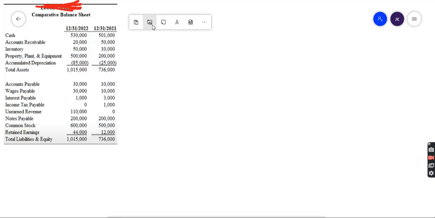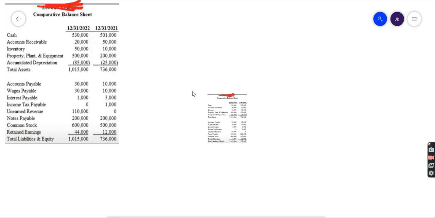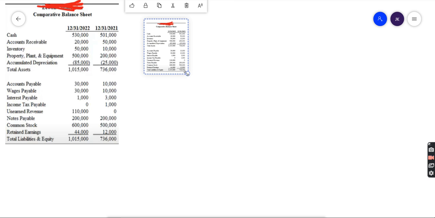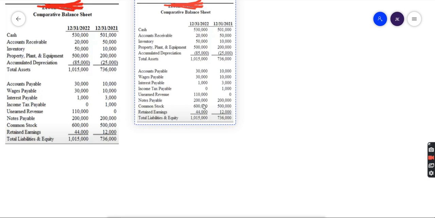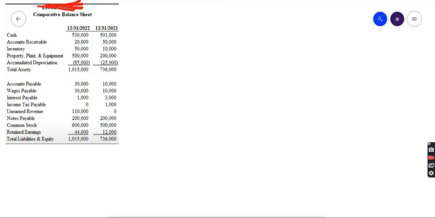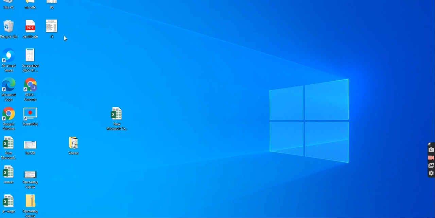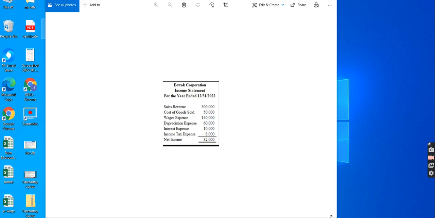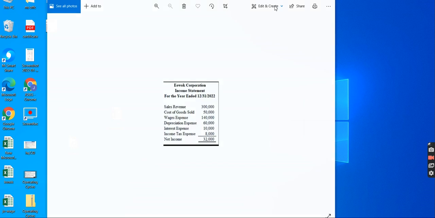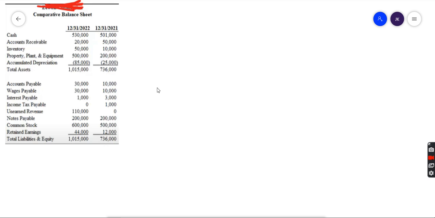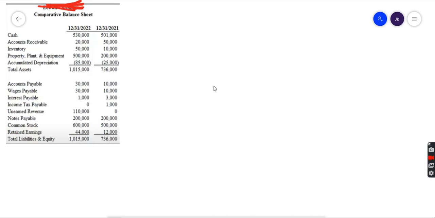So I'll come here and I'll do what? Paste it. Okay, let me make it a bit bigger. So I have the income statement. Oh, these both are balance sheet. So let me go to the income statement and see if I'm basically copying that. Okay.